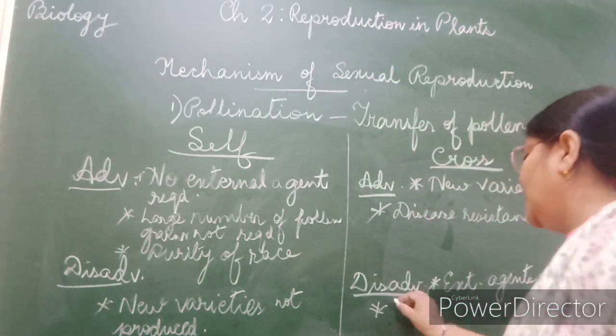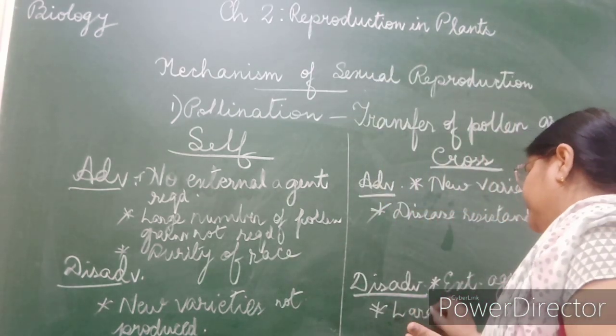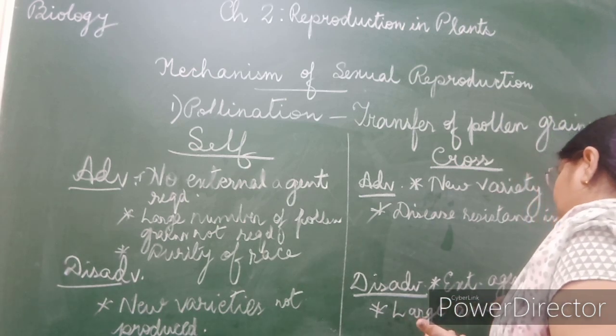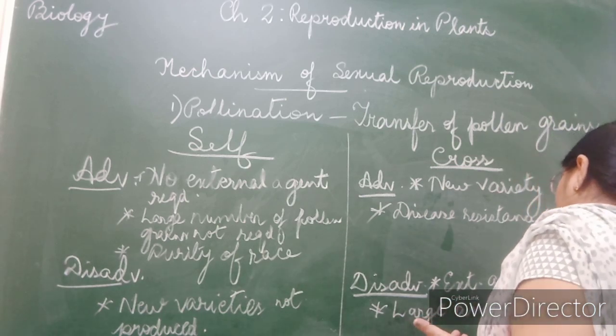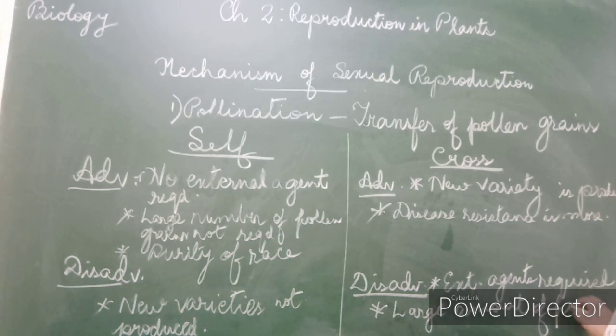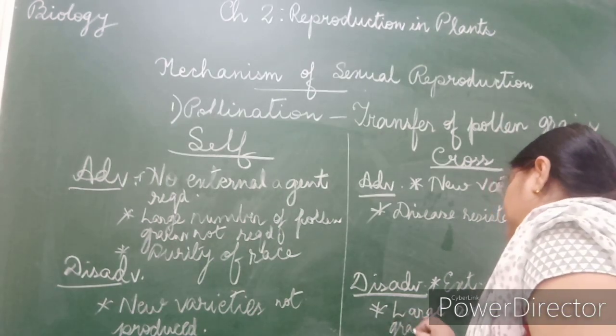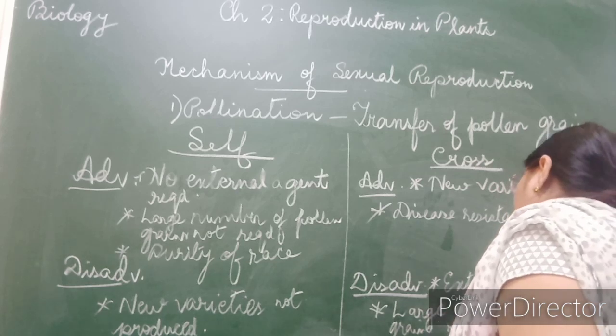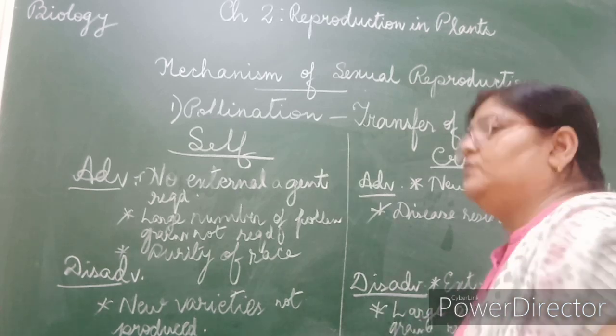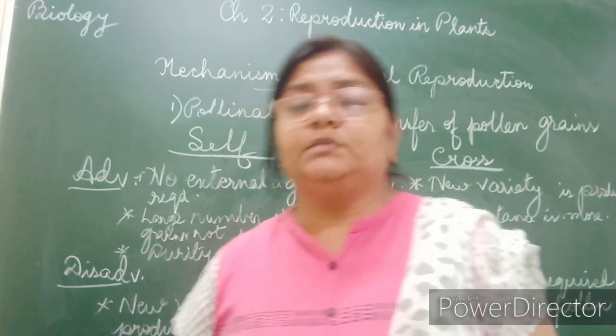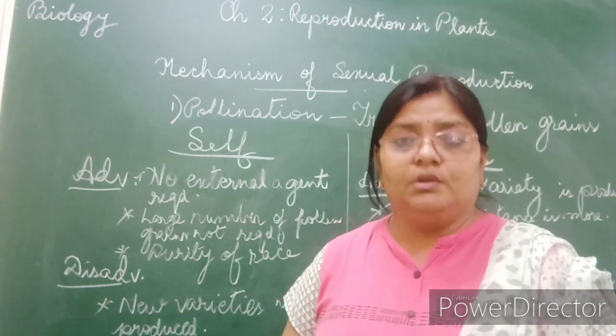So therefore, large amount of pollen grains required. So the amount of pollen produced in a cross-pollinated flower is also more.